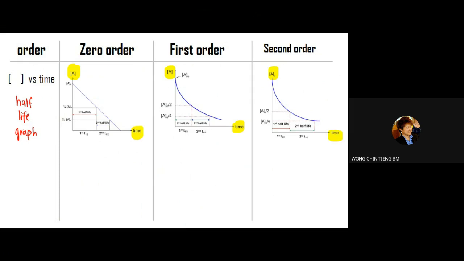Okay? So, bila kamu plot concentration versus time, from this graph, how do I determine zero order? Boleh nampak terus ke? Betul? Kamu plot graph concentration versus time. Betul? Lepas tu, kalau kamu dapat curve, then dia mungkin first, mungkin second. Tapi bila kamu plot concentration versus time, dapat straight line negatif. Terus apa? Senang?